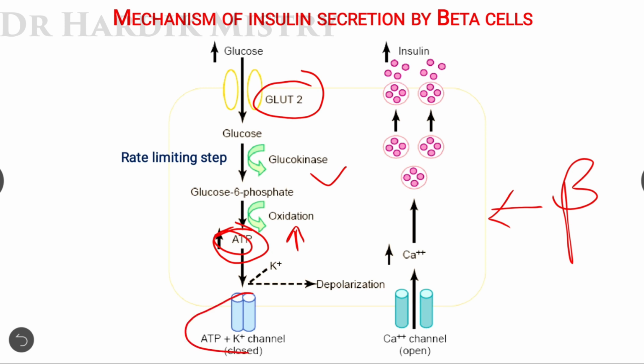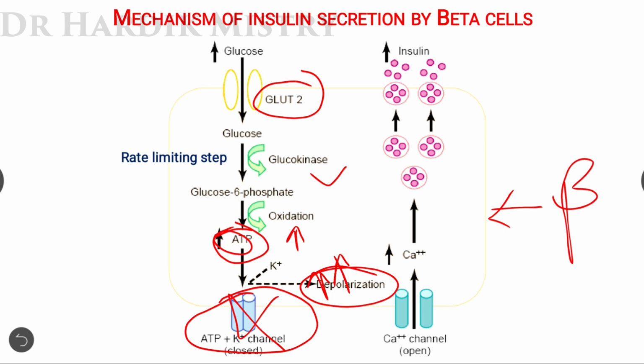Due to closure of these ATP-sensitive potassium channels, the potassium ion cannot escape from the cell. So there will be an increase in potassium ion inside the beta cell, so there will be an increase in the positive charge inside the beta cell, and due to this there will be depolarization.